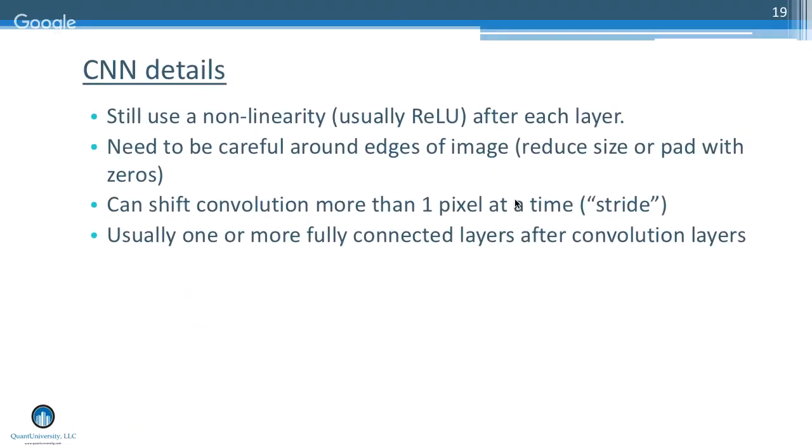We talked about how after each layer, we still have our nonlinearities, ReLUs, etc. I didn't really talk about this, but at the edges, as you're moving your convolution along, you need to decide what to do. If you only slide your filter over actual input data, then you're going to reduce the size of your image.